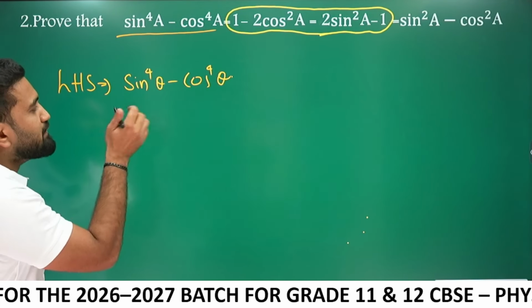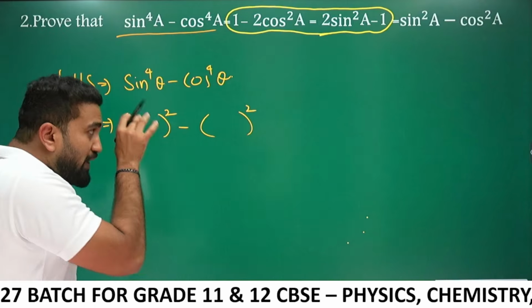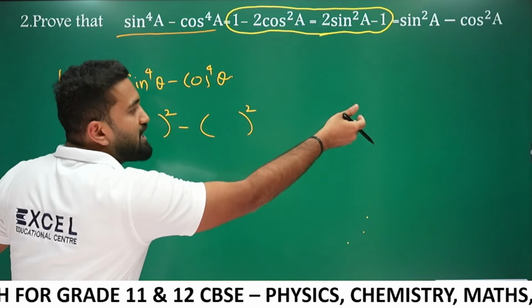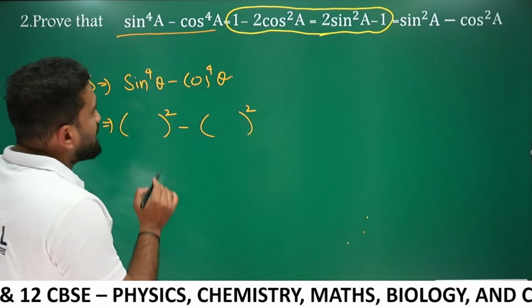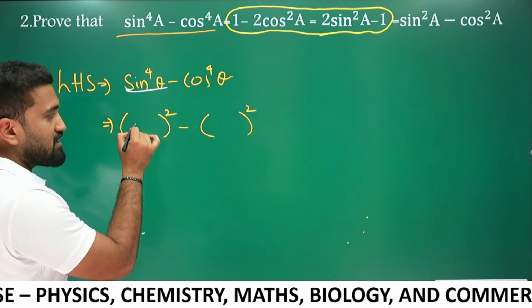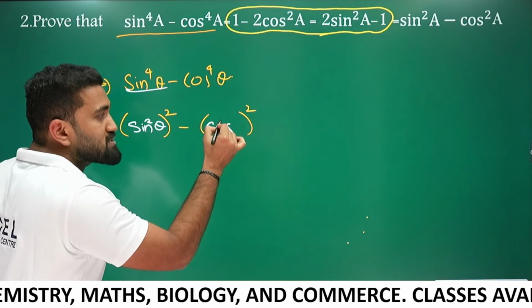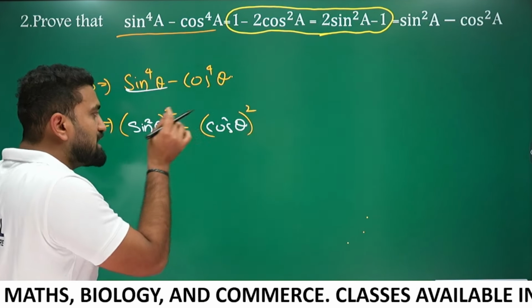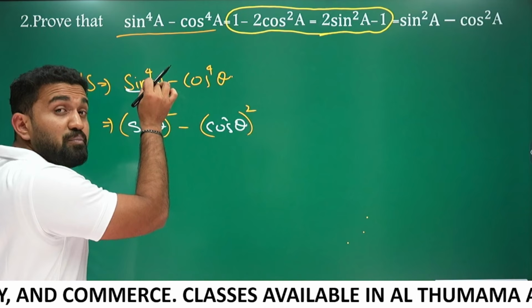So how will you convert this into something square minus something square, so that this will be something plus something into something minus something? Let me write sine raised to 4 as sine square theta the whole square minus cos square theta the whole square, so that a raised to m, the whole raised to n, will become a raised to mn, 2 into 2, which will be 4.